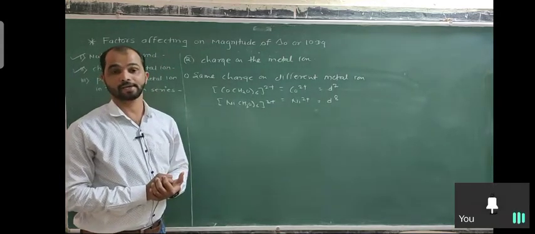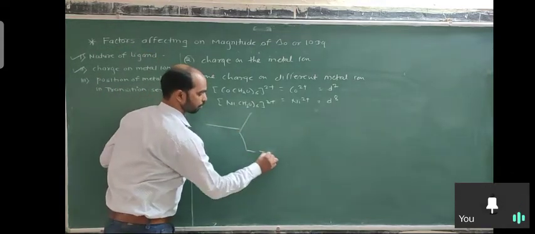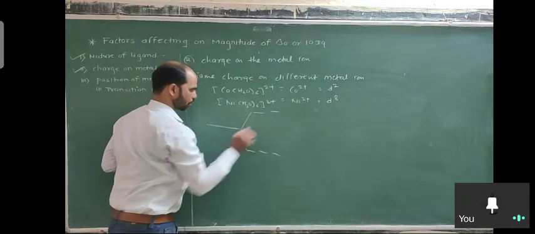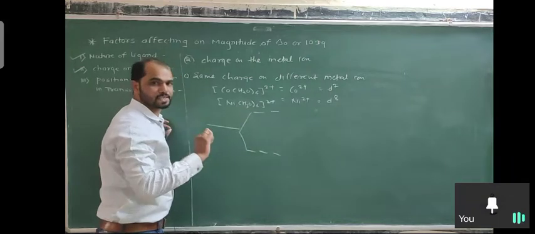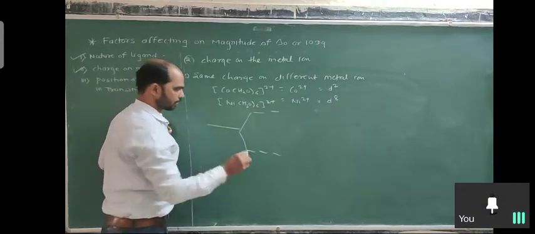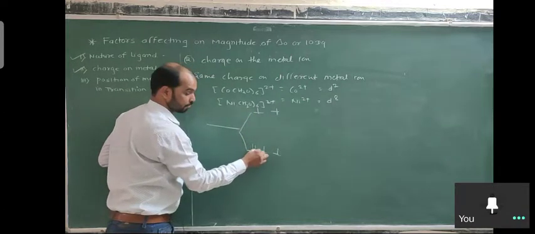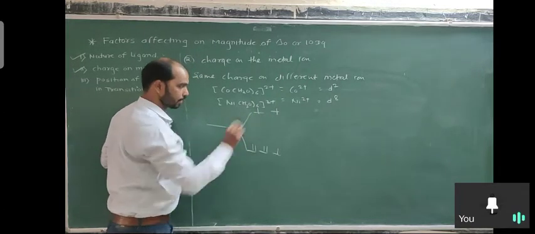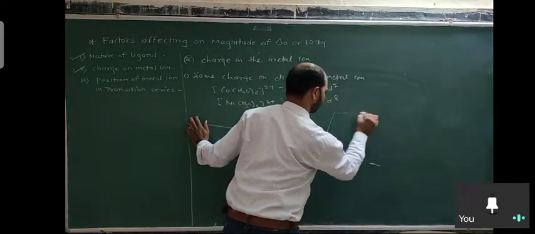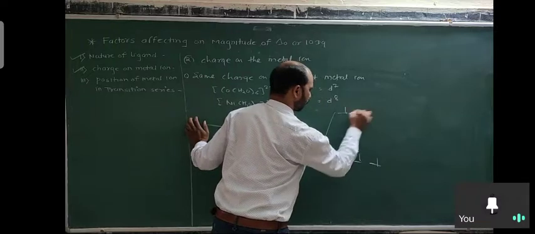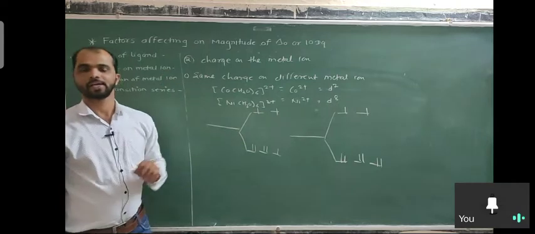Suppose you consider here a splitting of both. Here are 7 electrons, and here is water, so the field is the same, strong or weak. So 1, 2, 3, 4, 5, 6, and here is a 7. In the latter case 1, 2, 3, 4, 5, 6, 7, 8. So here for nickel, and here for cobalt.